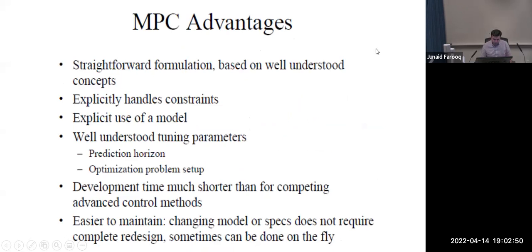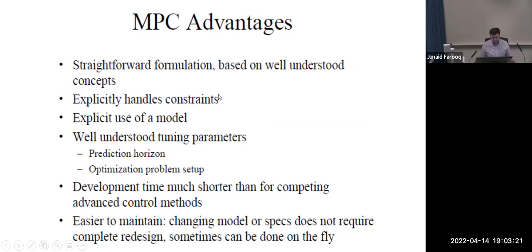So the major advantages of an MPC is its formulation is pretty straightforward and using some well understood concepts. You can explicitly provide constraints on the input. That is something we haven't been able to do in our feedback control design. In other words, our controller gains could have been any number. There were no bounds on the controller design or the controller gains, observer gains, everything was unbounded.